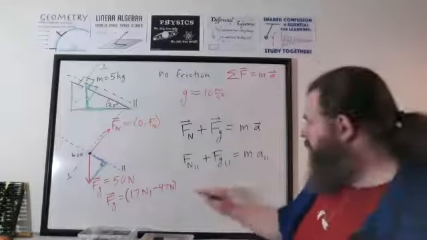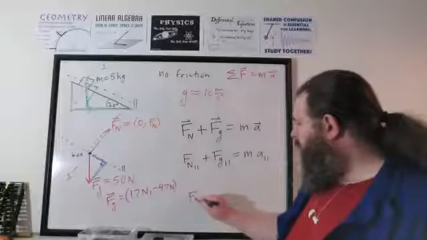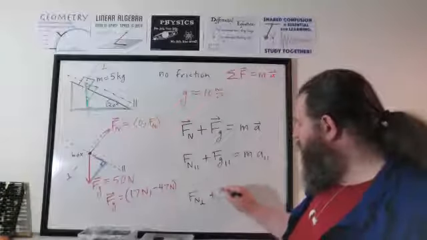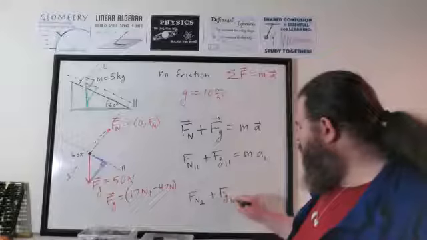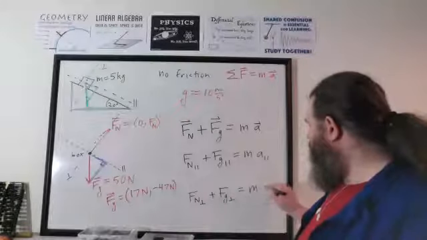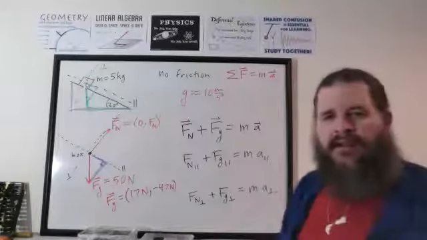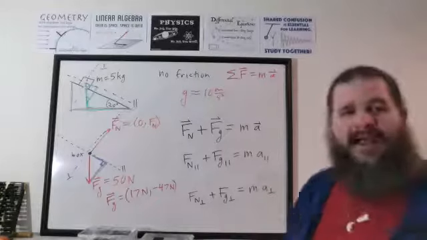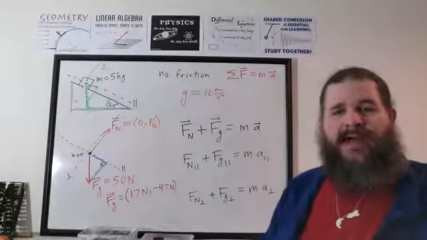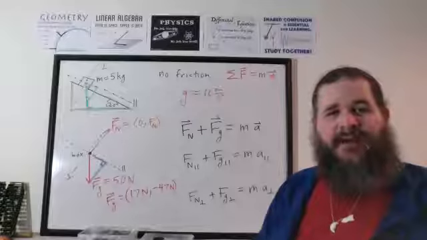And separately, the perpendicular component of the normal force plus the perpendicular component of gravity equals mass times the perpendicular component of acceleration. Of course, mass doesn't need a perpendicular or parallel subscript because mass is a scalar. It doesn't have components anyway.